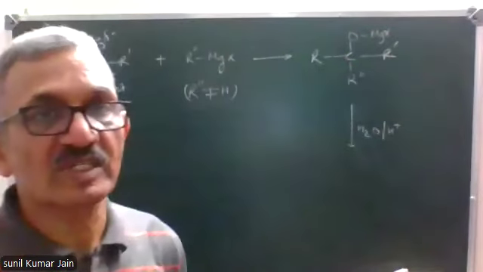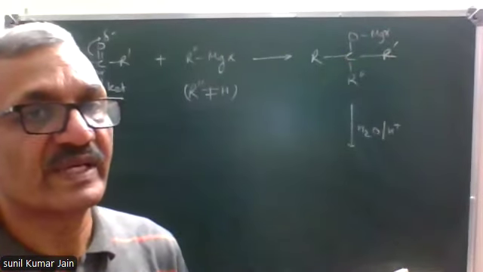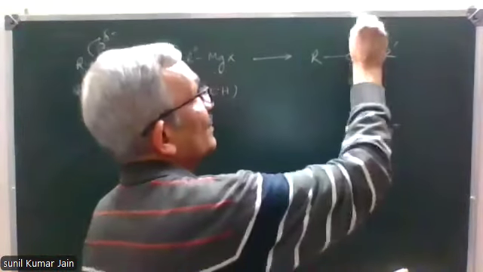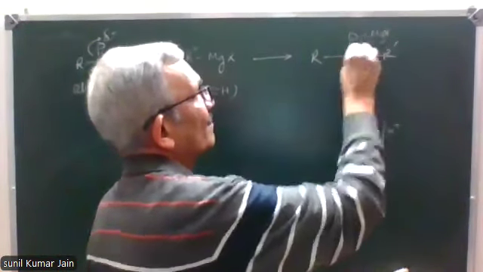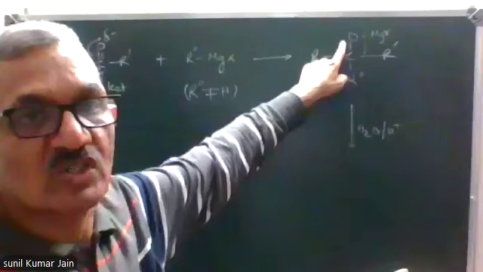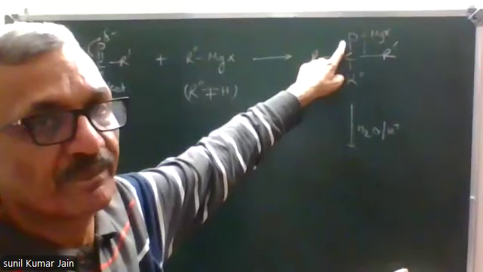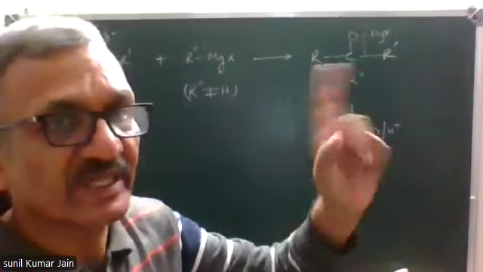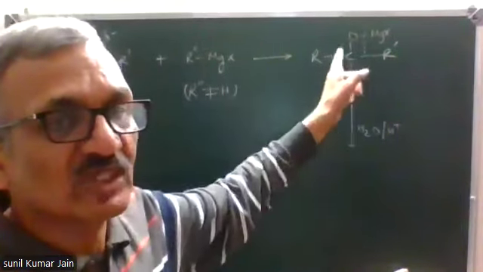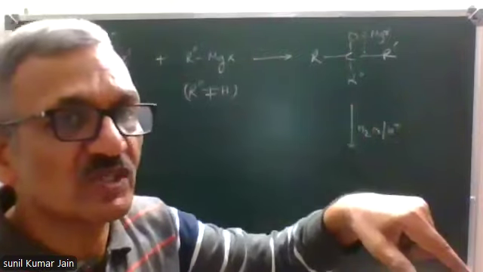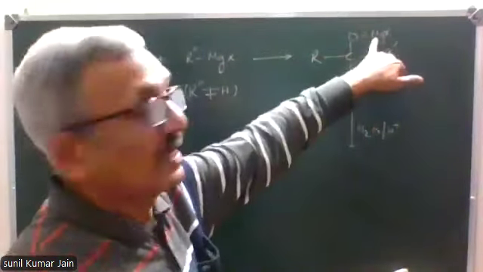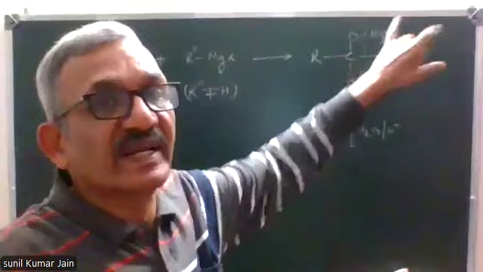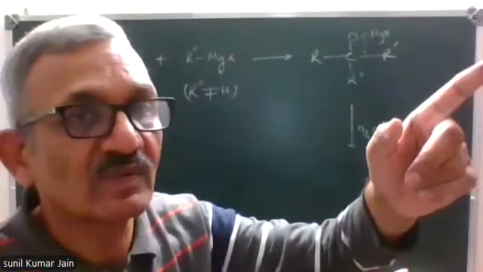This on hydrolysis with water will give an alcohol. The bond between oxygen and magnesium will break. Oxygen, due to polarity, will be partial negative. Partial negative oxygen will get H plus of water, and positive magnesium will get negative OH minus from water.